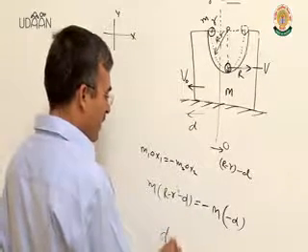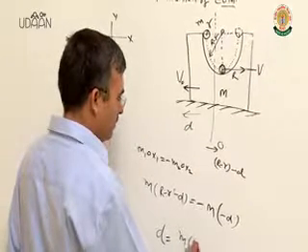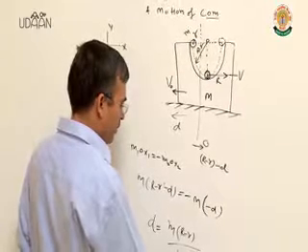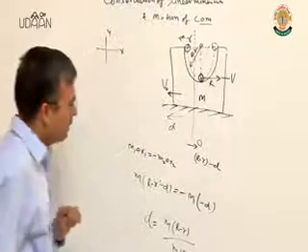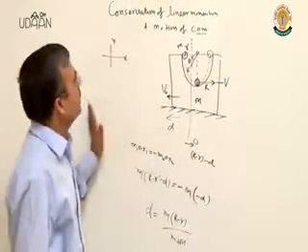If you simplify it, you will find small d equal to small m into r minus r divided by small m plus capital M. So it is the distance by which the capital M block will shift that side.